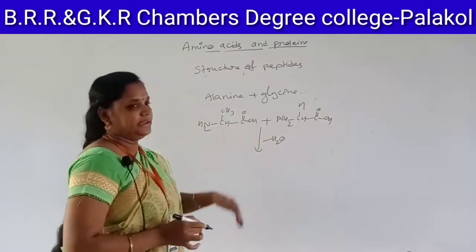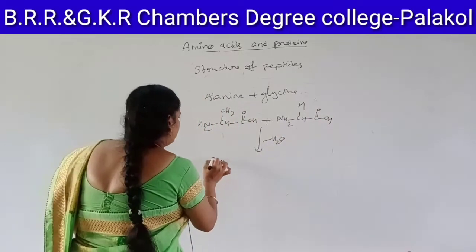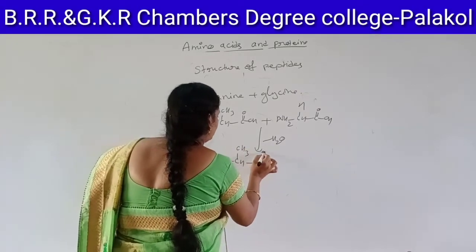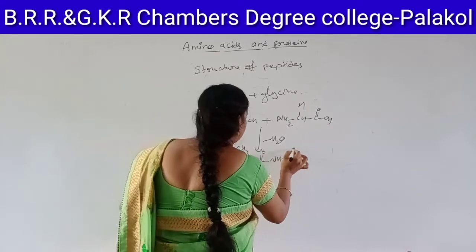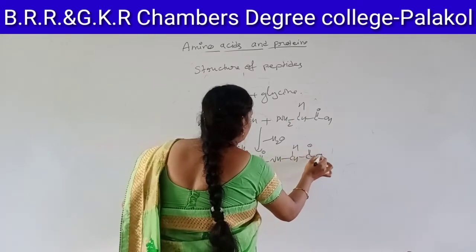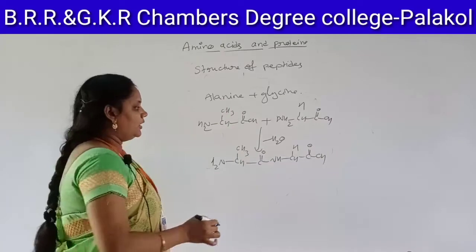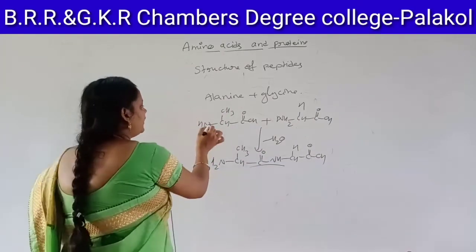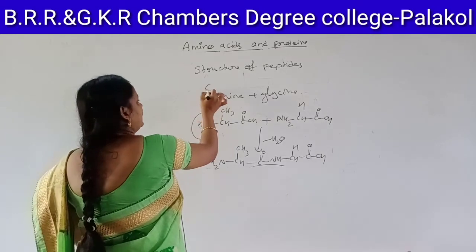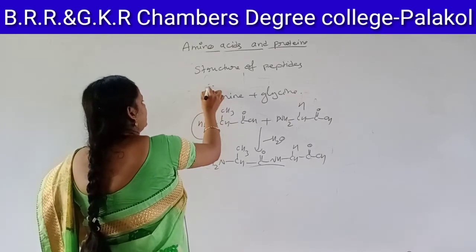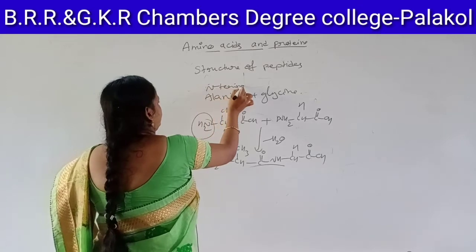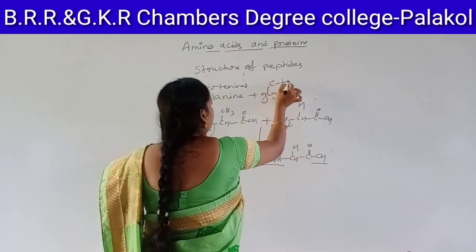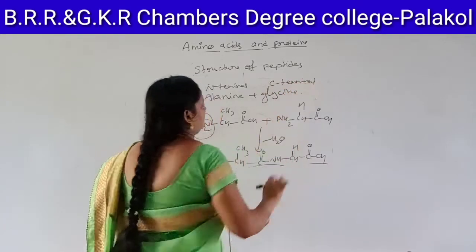Water is eliminated here, H2O. So you will get NH2 CH CH3 C double bond O NH CH2 C double bond OH. Okay, peptide formation. But here we have taken alanine first. So the free NH2 group is present in alanine, hence it is called the N-terminal. Here the COOH group is present, hence it is called the C-terminal.